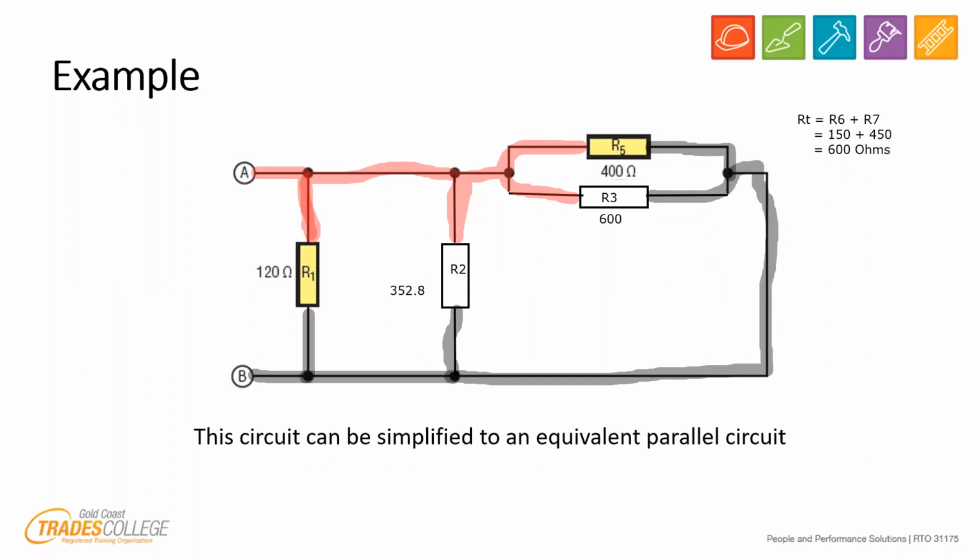Well, we can simplify this further, because we want to be able to work out how much current is flowing. To do that, we need to simplify it down to our basic circuit that we've been talking about, which I'll just do very quickly on this side, so don't expect it to look beautiful.